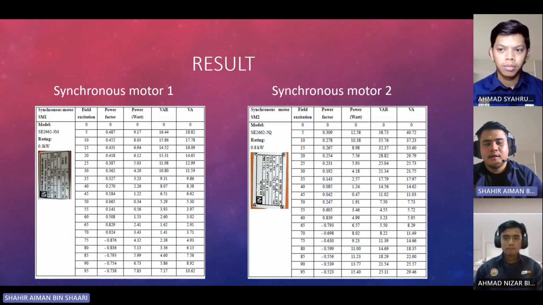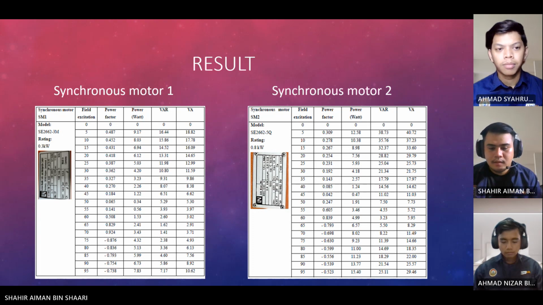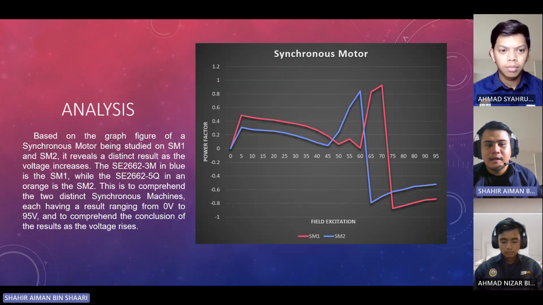Okay, this is the result that we get from the lab. On the left is synchronous motor 1, and on the right is synchronous motor 2. For the analysis, based on the graph figure of the synchronous motors being studied, SM1 and SM2, it reveals a distinct result as the voltage increases.